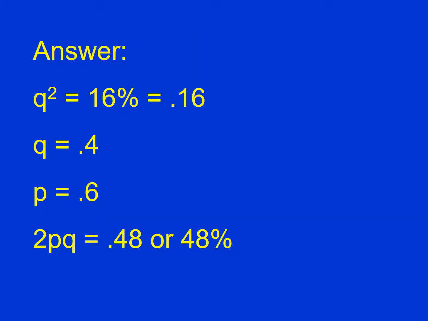Well, here's the answer to that question. Q squared is 16% or 0.16. The square root of 0.16 equals 0.4 or 40% is the frequency of that recessive gene. And the frequency of the dominant gene is 0.6 or 60%.